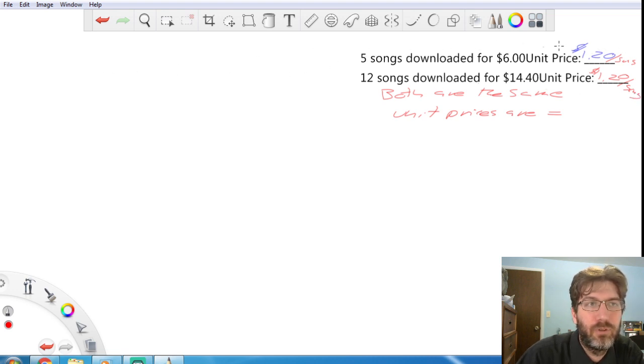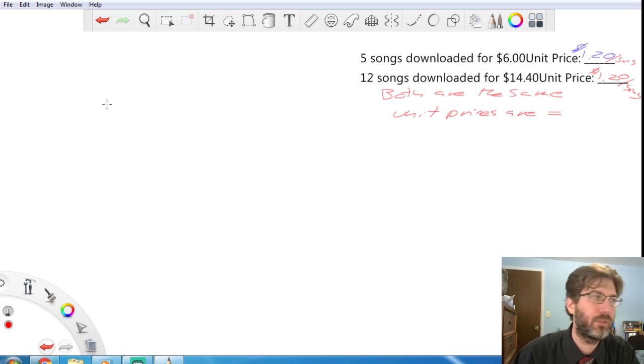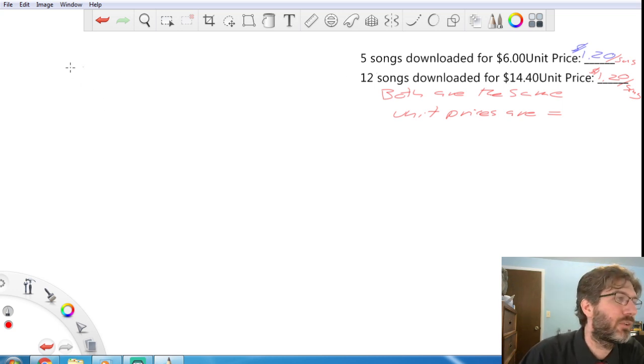The unit price is $1.20 because that's what unit price means. So when I say unit price equals $1.20, that means it's $1.20 per song. You don't actually need the per song part, but it's going to be like that. So if you do the cross products, it is actually finding common denominators is what you're actually doing.